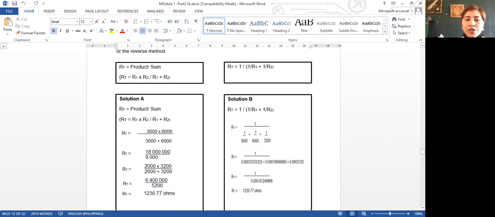If your answer in solution A is the same as solution B, then you are pretty sure that your answer is correct. Now, product over sum: R1 times R2 over R1 plus R2.